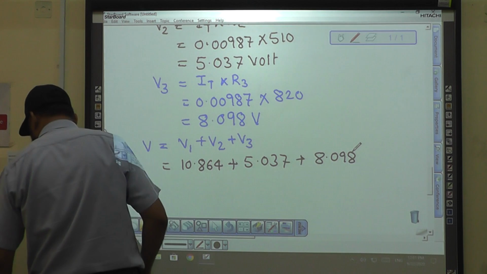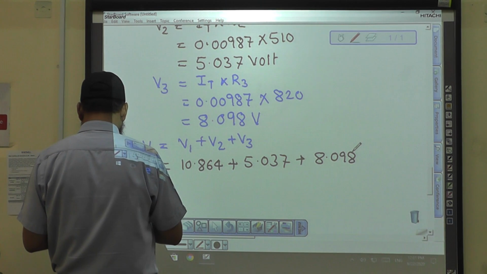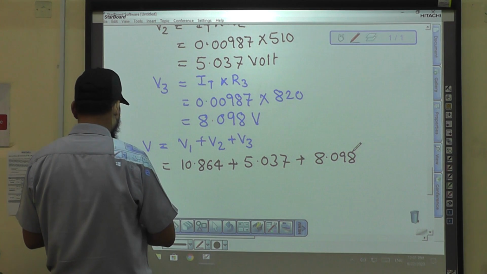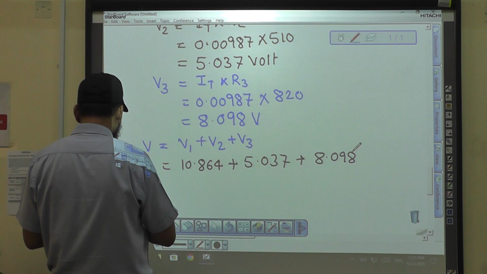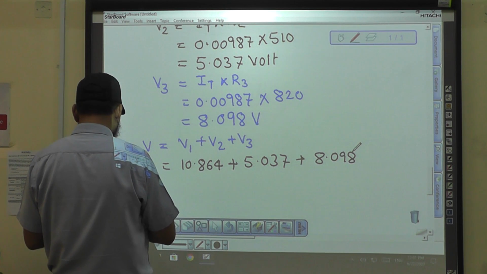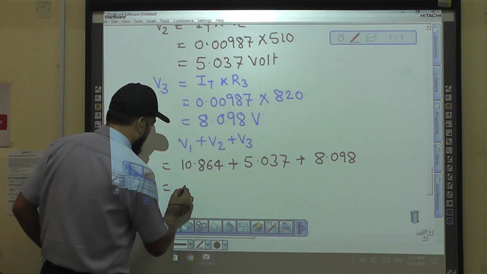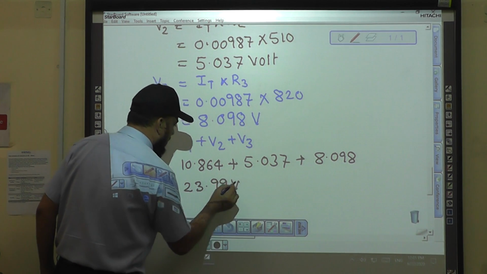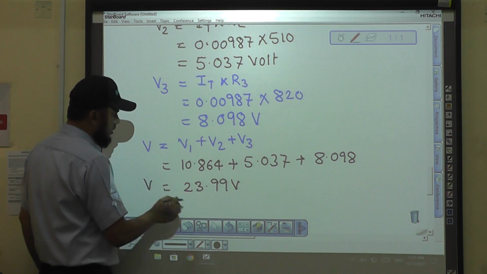If you add all these three voltages, the answer will be the same as the source voltage: 23.99 volt, which is approximately equal to the source voltage of 24.